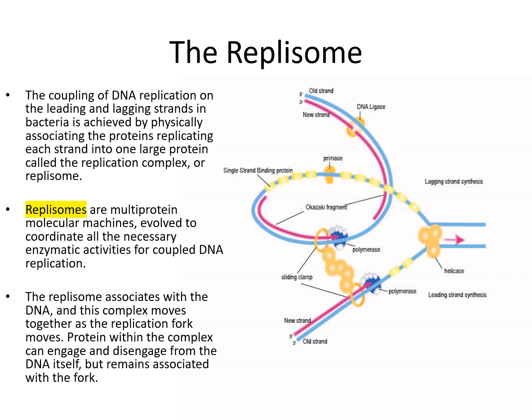We call it a replication complex or replisome. The replisome associates with the DNA, and this replication complex moves together as the replication fork moves. Proteins within the complex can engage and disengage from the DNA, but remain associated with the fork.